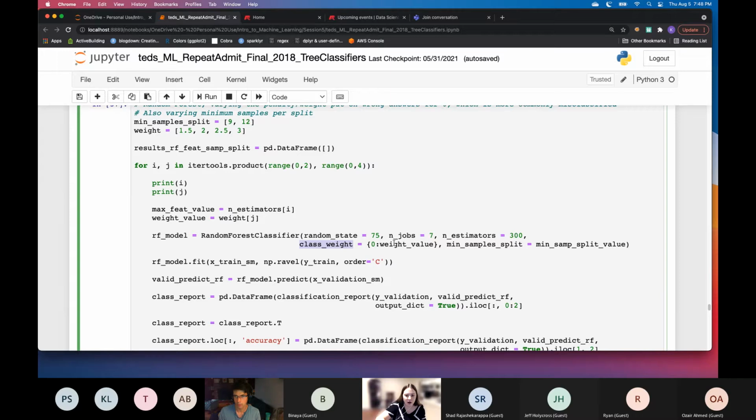If you're giving weight to a certain class, if it gets the 1, we would weight the trees more when they had 1s versus 0s. And that is different from the sample weight that we talked about earlier in the previous model.